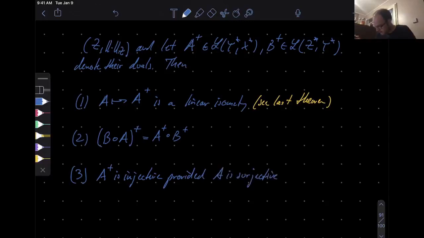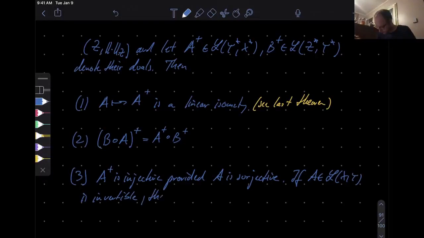That is really easy to see if you just look at the yellow star. Moreover, if A is invertible, remember what that means: it's bijective and the inverse is bounded, then so is the dual.